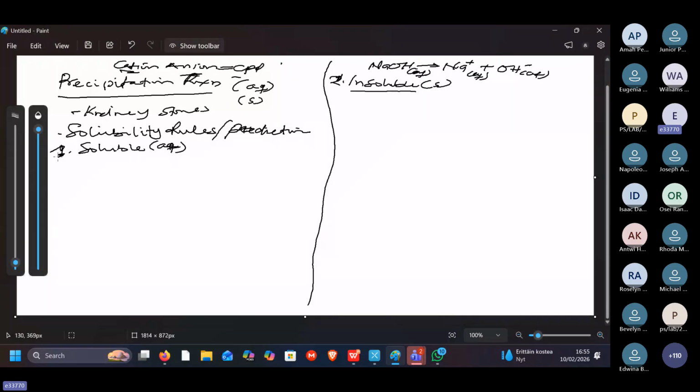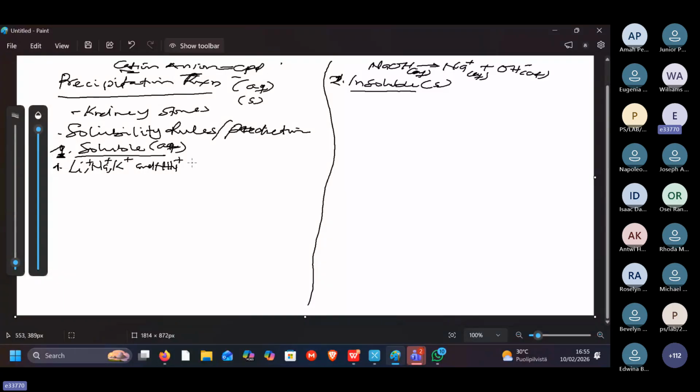Now let's look at these rules and see if we can remember them. For part one, where we are talking of the soluble compounds, the first one I'll mention is the group 1 metals. Examples of these group 1 metals are lithium, sodium, potassium. Those have +1 charges. And I'll include ammonium, because ammonium behaves like the group 1 metals.